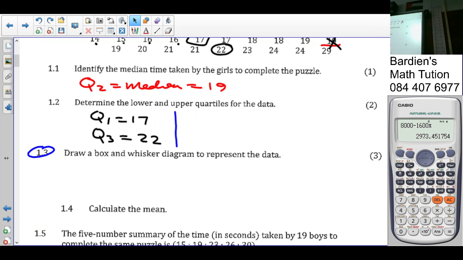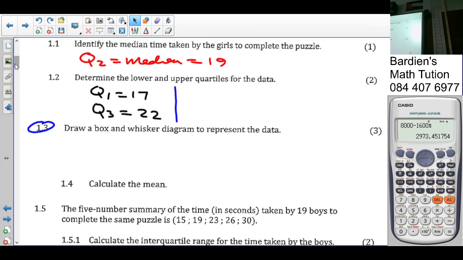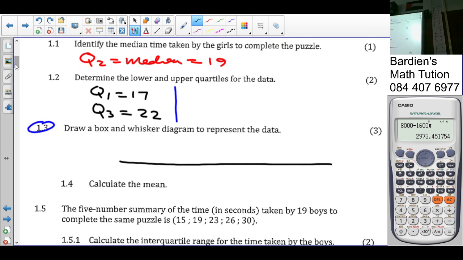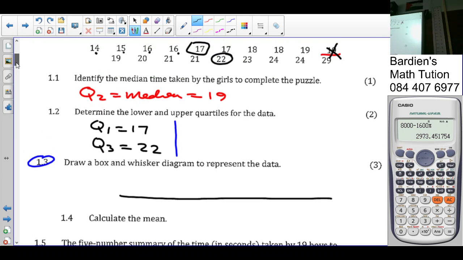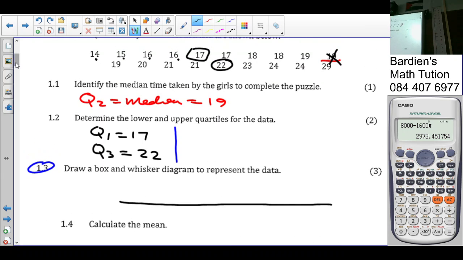You can't just draw the box and whisker, it must be on a scale. So I take my ruler and I draw a line. The lowest value is 14 and the maximum value is 29.